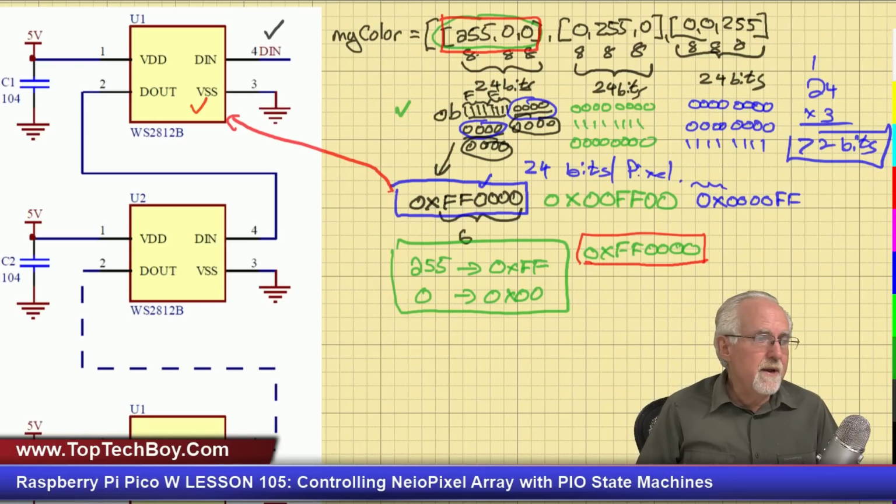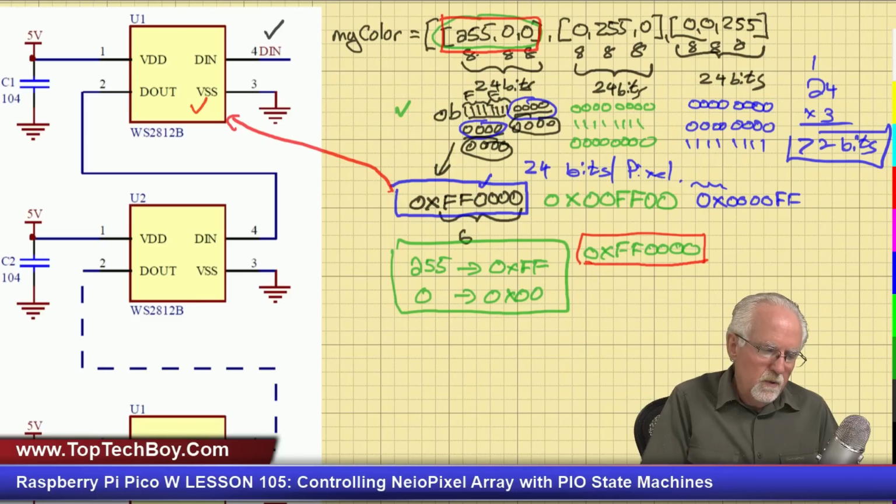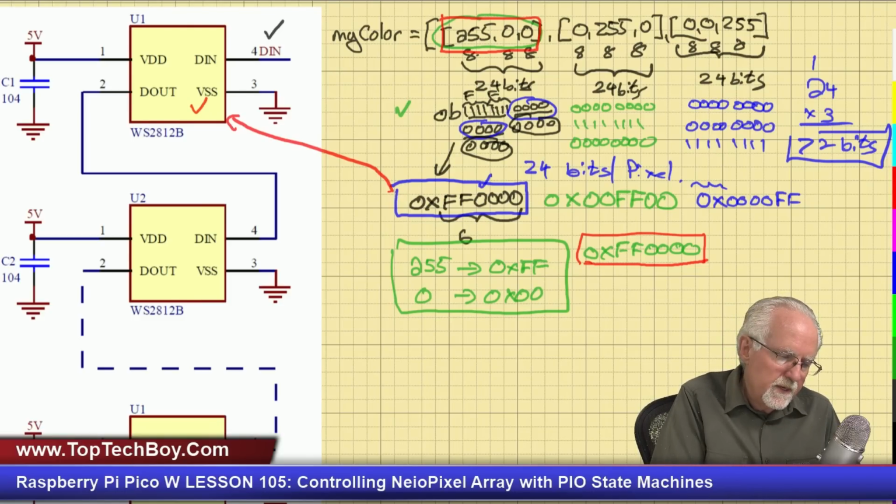Well, what we're going to have to do is use logical operators, okay? And so let's think of these numbers up here. This is the R, this is the G. I'm going to write that again. That's getting too messy up there, okay?